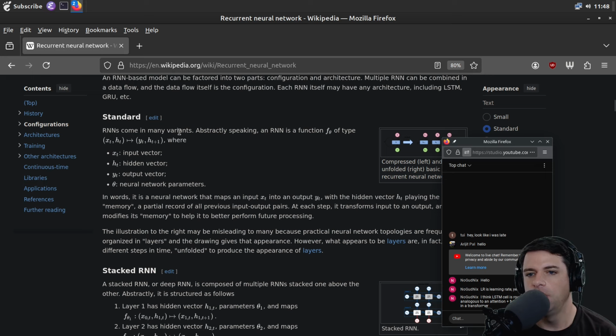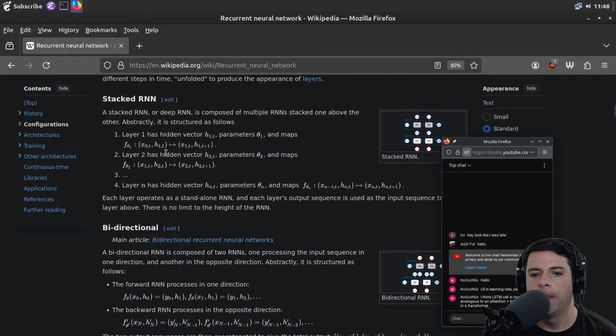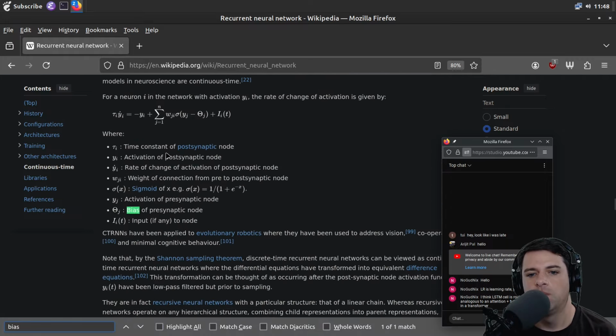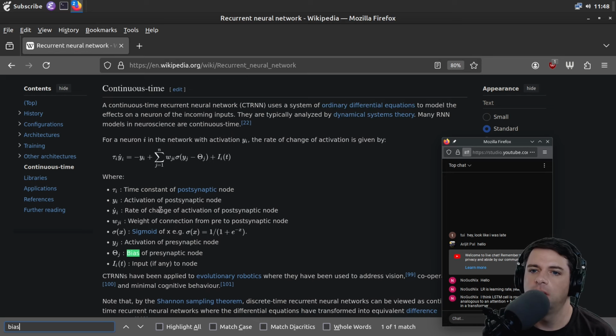RNNs come in many variants. An RNN is a function f_theta of type (x_t, h_t) goes to (y_t, h_{t+1}), so it goes up one height level. There's a bias of the presynaptic node. Okay.